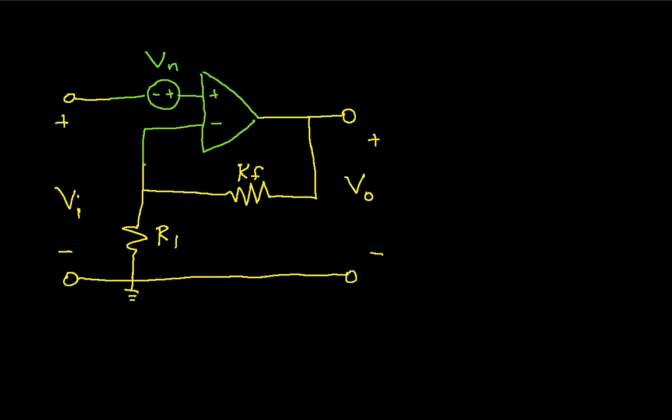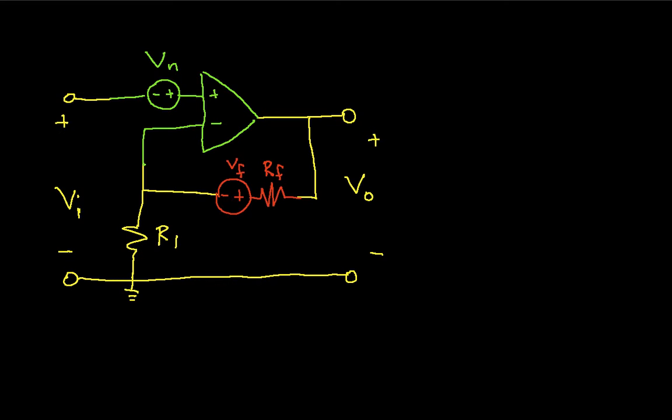So let's also chop out the resistor here, the real resistor, and let's replace it by a noiseless resistor and a voltage source. And we'll call this voltage source Vf. This is Rf. Okay.